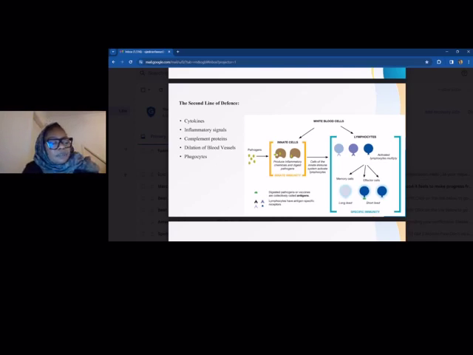The mucous membrane covers the surface of the mouth, the nose, the ears, the eyes, the throat, the GI and respiratory tract, and the urogenital and vaginal tract.